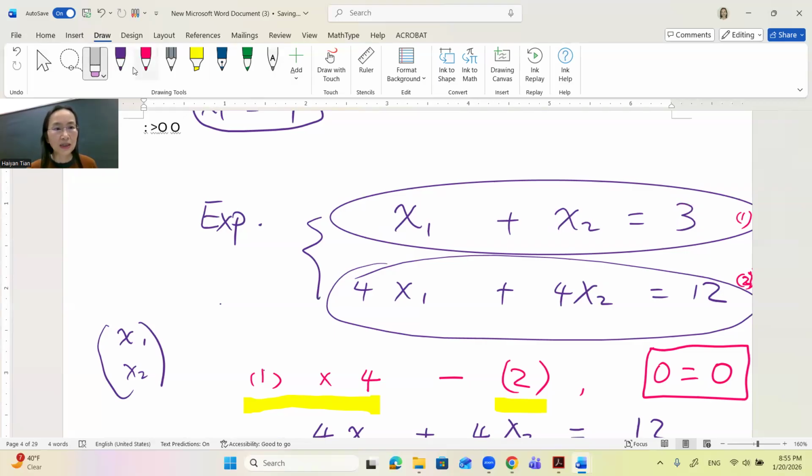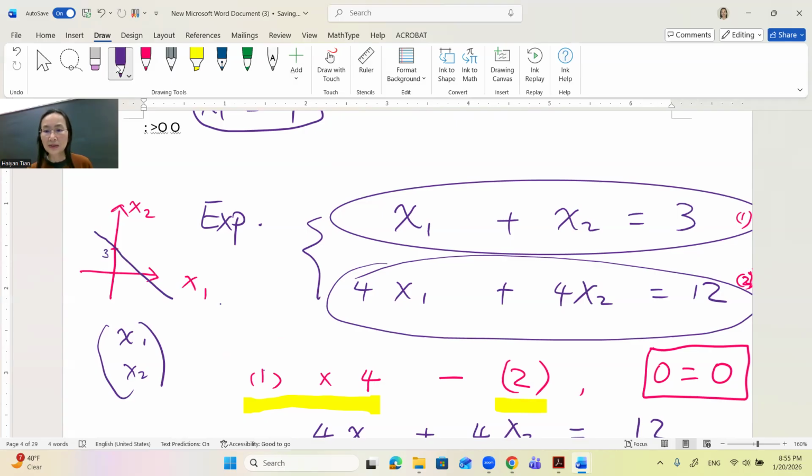So let's draw it. If I draw a line representing the first equation, that is this line, because it has -1 as a slope and +3 as y-intercept.